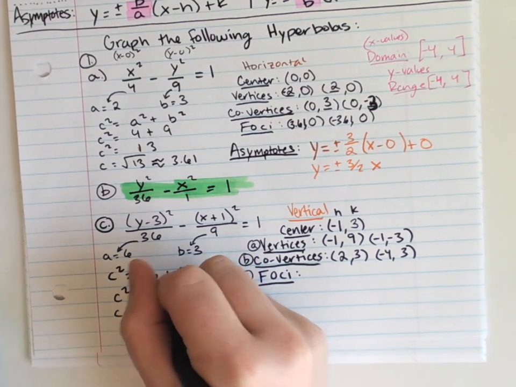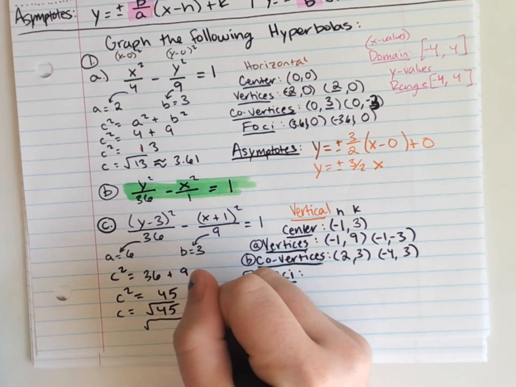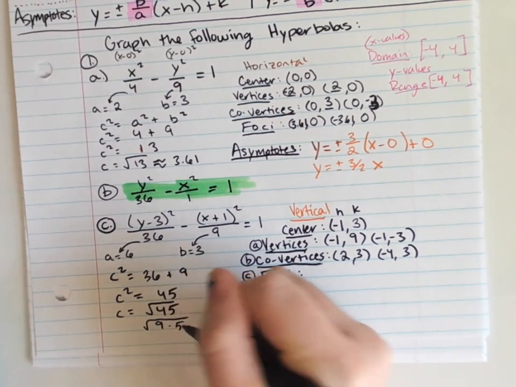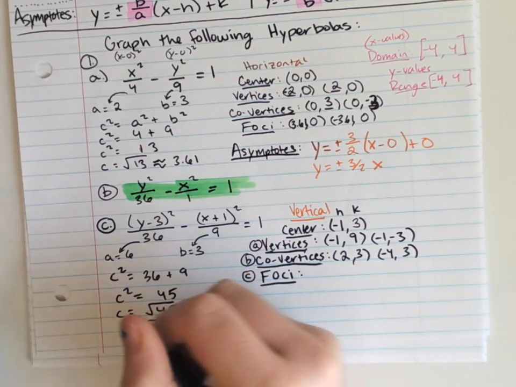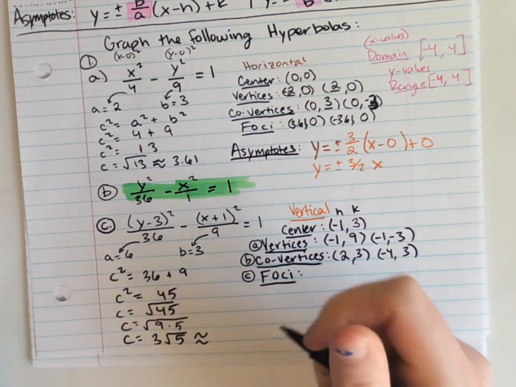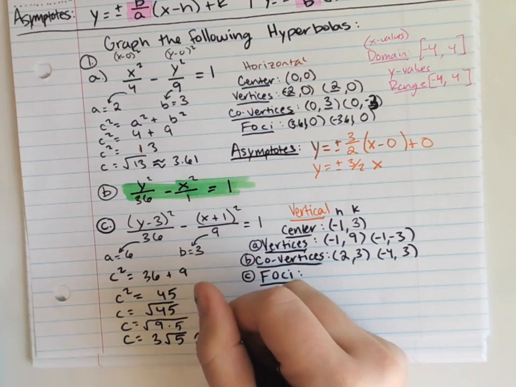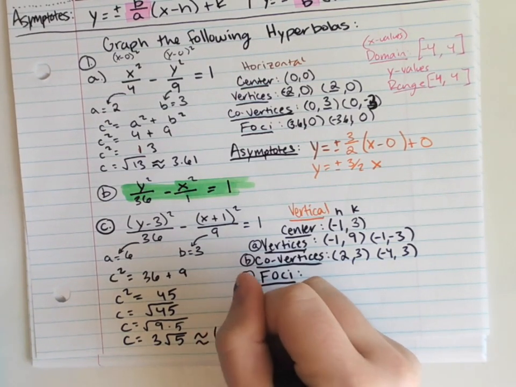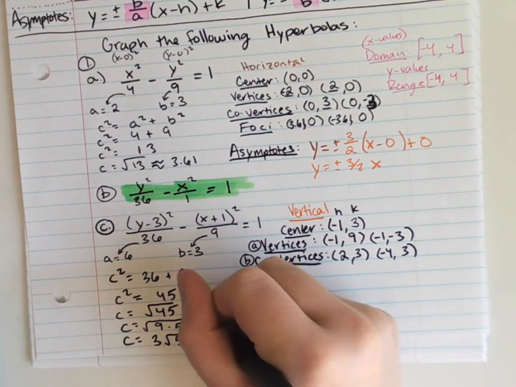C equals the square root of 45, which is kind of like the square root of 9 times 5, which is like 3 times the square root of 5, which if we type into a calculator is about 6.71-ish. So there's our C value.